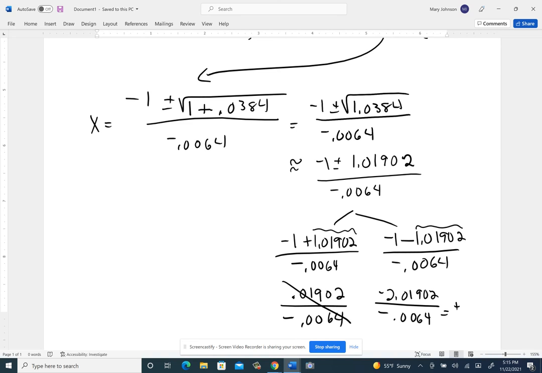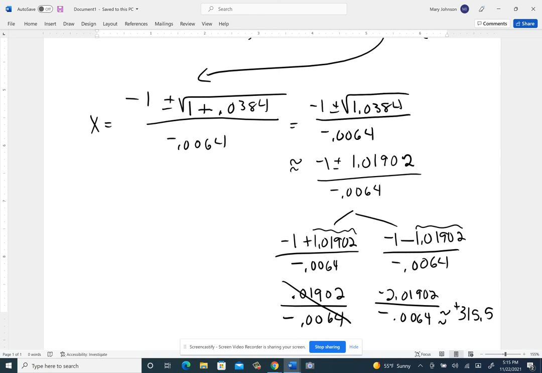So that's 2.01902, and we're dividing that by 0.0064, and we get a positive 315.5, and I rounded that again. So I get around 315.5. Just watch it depending upon what they ask. They might say round to the nearest whole, or they might say round to the nearest tenth.